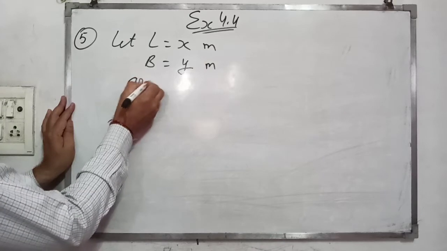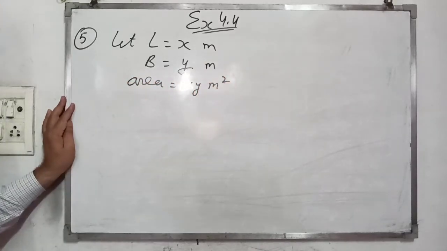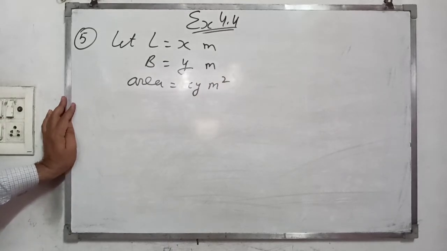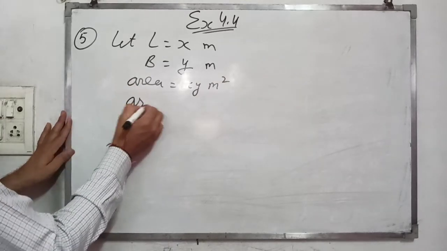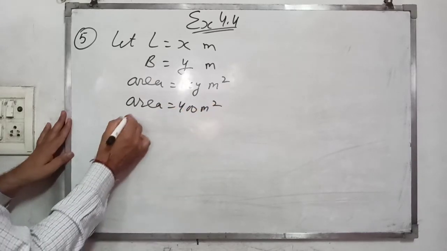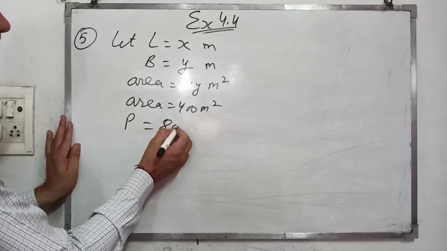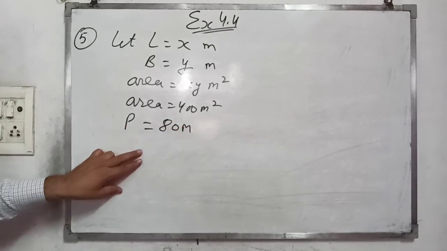So area equal to x into y meter square. The area is given, that is 400 meters square, and the perimeter is given, that is 80 meters.